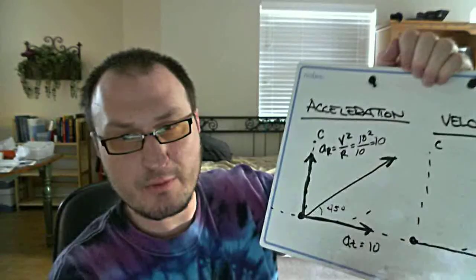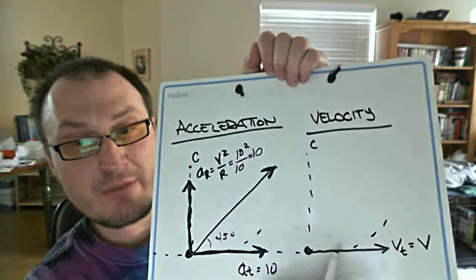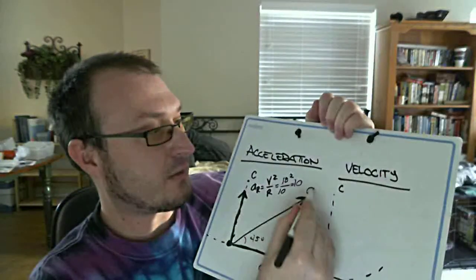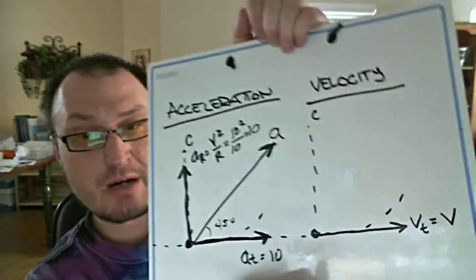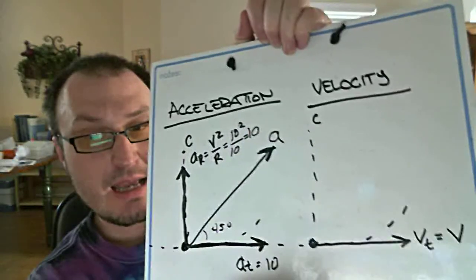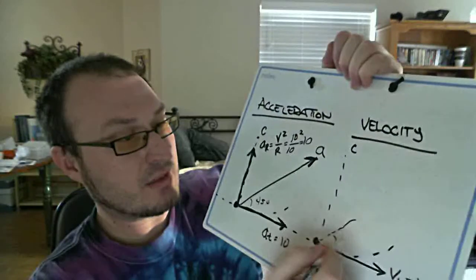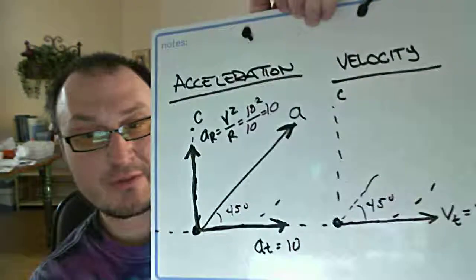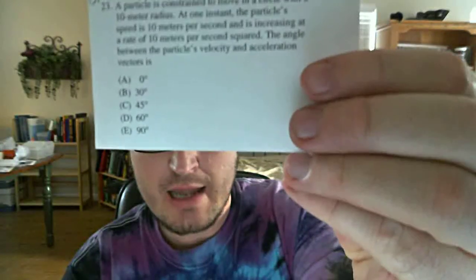It's making a 45 degree angle with the net velocity. So I'm going to call this my net acceleration, or my total acceleration, A, and I compare it to my total velocity over there, V, and I can see that the angle between those two, if I imagine it superimposed there as well, is 45 degrees. So I'd have to remember back to my answers, know that I have a 45 degree angle there, and confidently choose C as my answer.